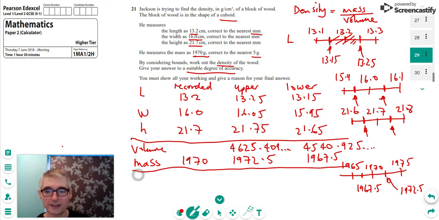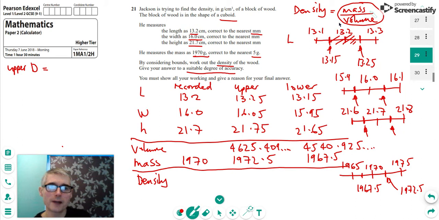Okay, so what we need to do is work out from that what our minimum and maximum values for the density would be. Let's have a look. Our upper density would be equal to, looking at this fraction with the formula, the upper boundary would be when the mass is the upper value, so the top of the fraction is the biggest it can be, and the volume is the lower value.